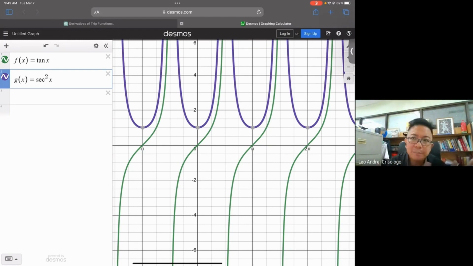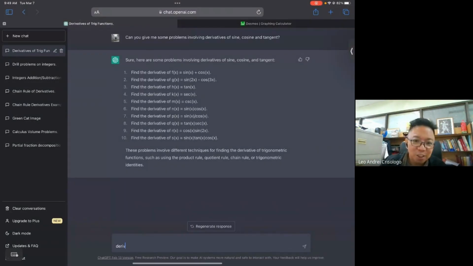Kung gusto nyong maghanap ng problems for practice, yung isang na-discover ko na mabilis gawin, nagtatanong na lang ako kay ChatGPT, give me problems on derivatives of sine, cosine, and tangent. So, if you're trying to review, that could be something that you could do.